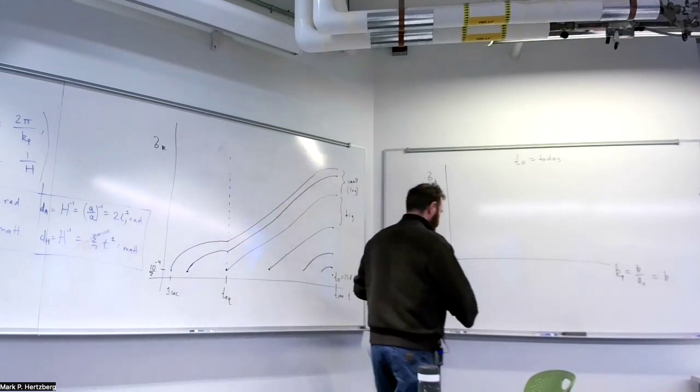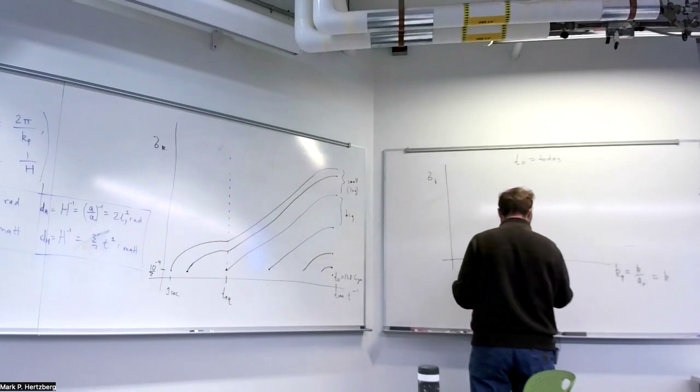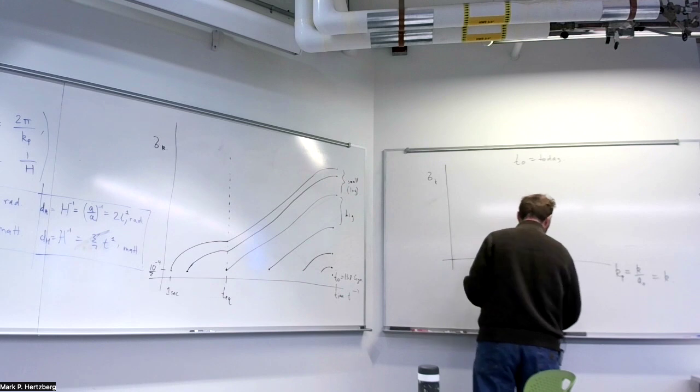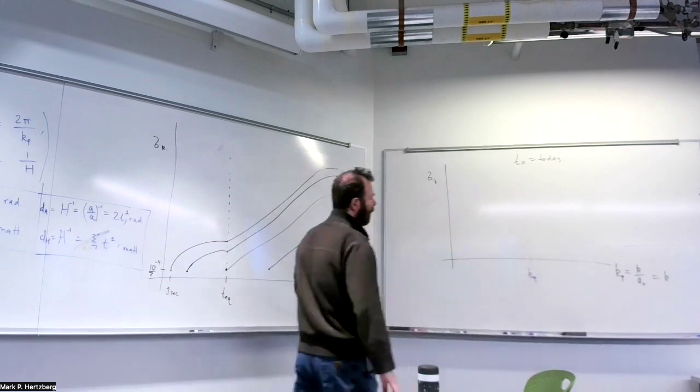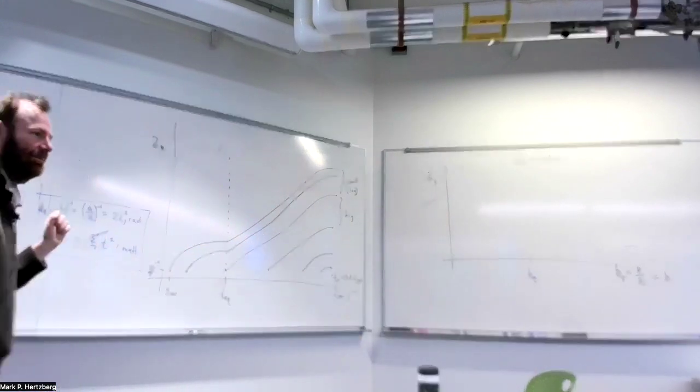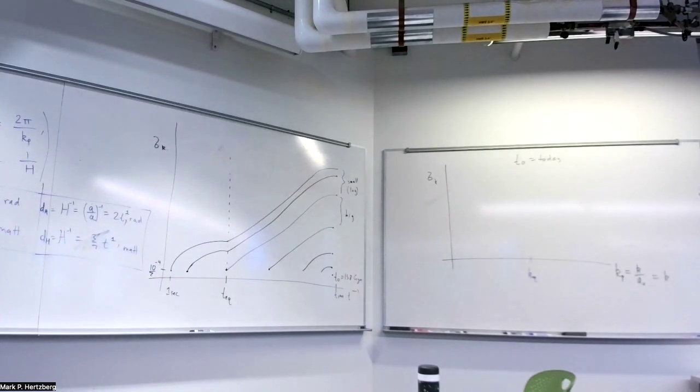Okay, so there's again some special mode that crossed when K was equal to K equality. Okay, that special mode there. But let's start again down here at these short wavelength modes. Those have grown a lot.